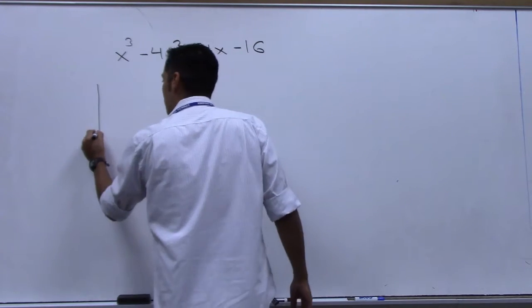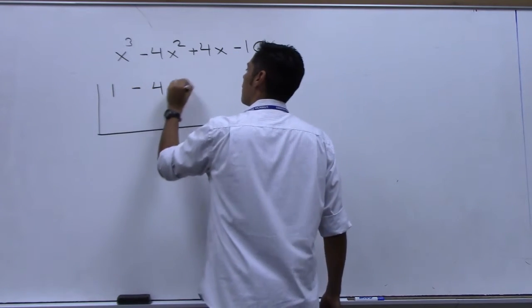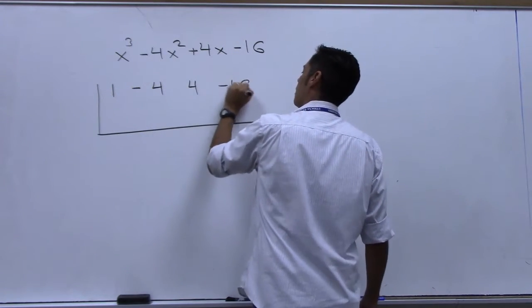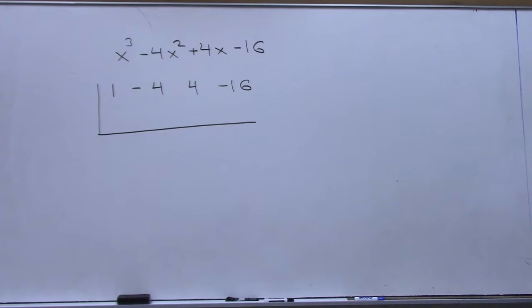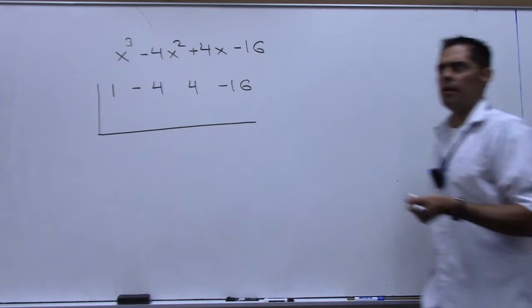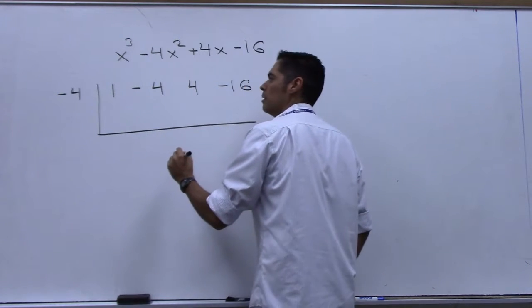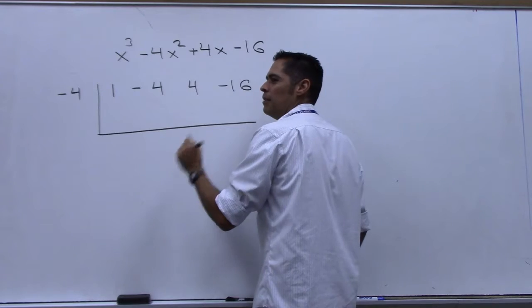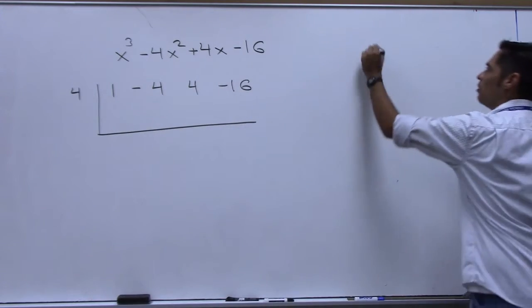So if I were to do synthetic division on this, what number would have worked? Negative 4? Was it negative 4? Was it positive 4? 4 would work. Okay. Because what were the zeros I told you again?